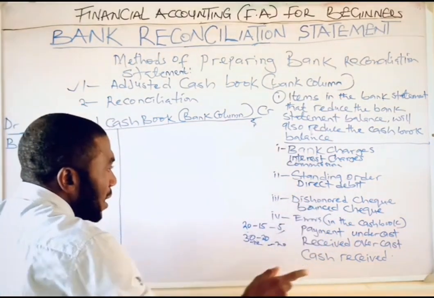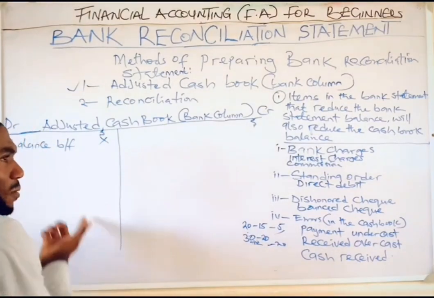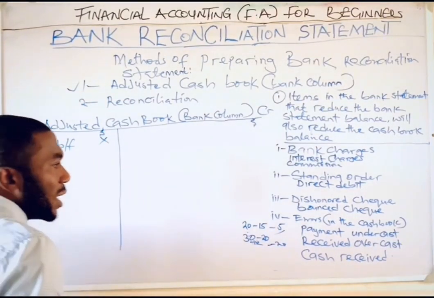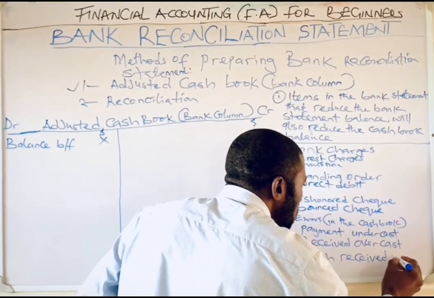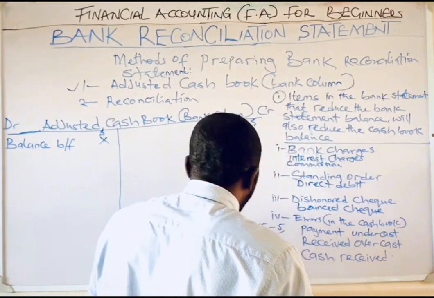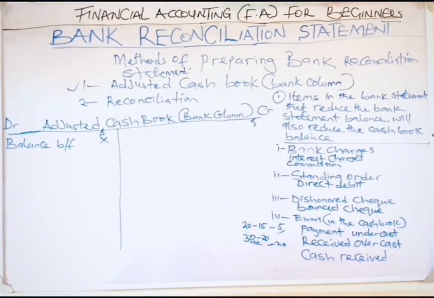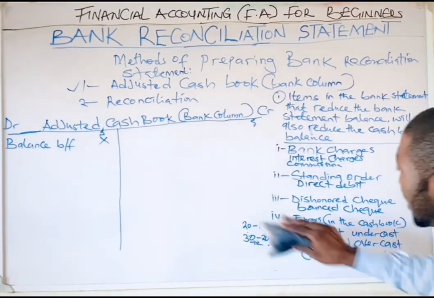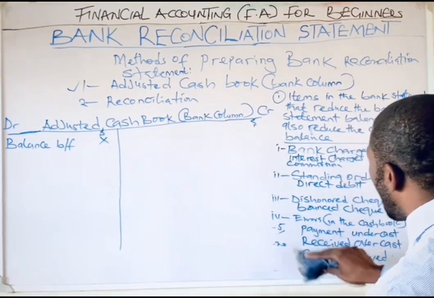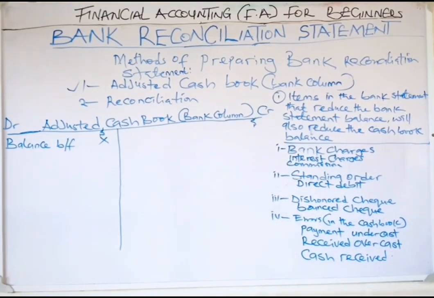We minus it by reducing this amount that we've already received to clear it off or to cancel it. So cash received, wrongly recorded, will reduce the bank balance of the cash book. Simple as that. I hope you are following. Now, these are the items that will reduce our bank balance of the cash book.